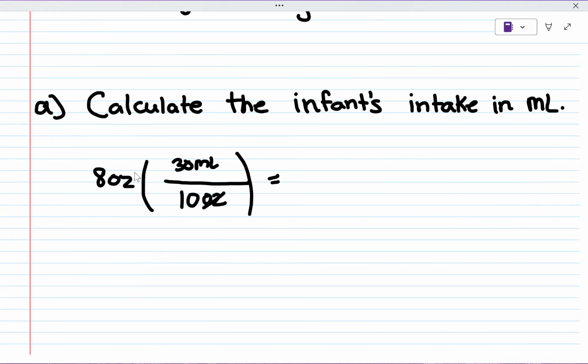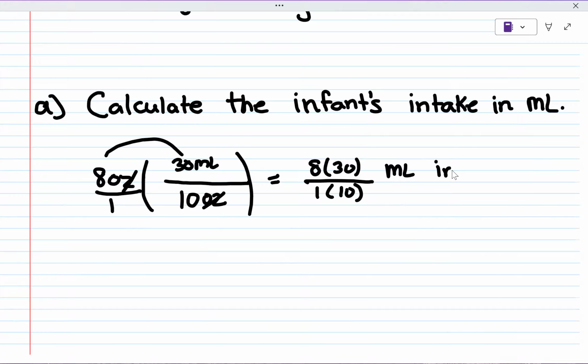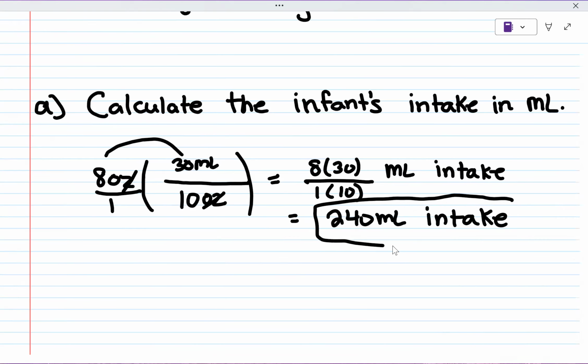And the ounces disappear, and you're left with 8 times 30 over 1 times 10, and then you're left with milliliters intake. So 8 times 30 is 240. Okay, so that would be your answer in part A.